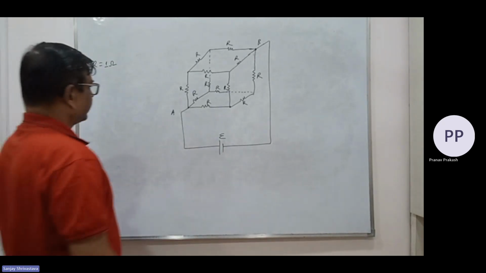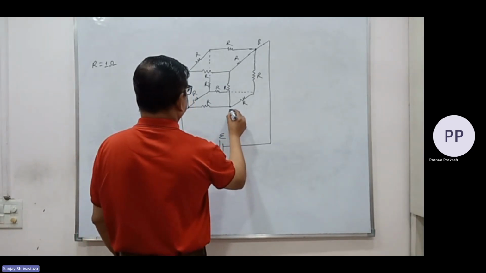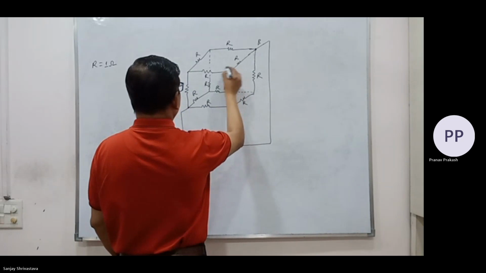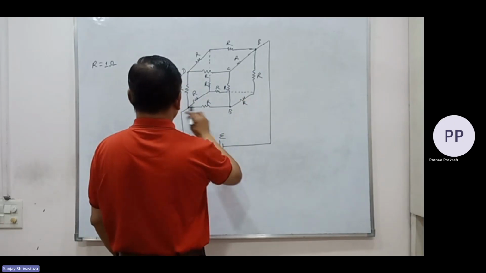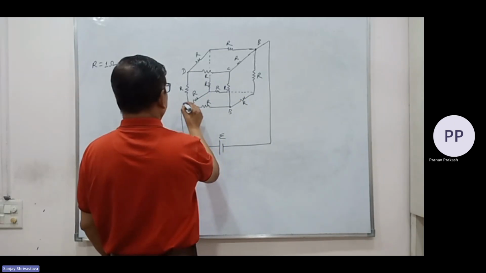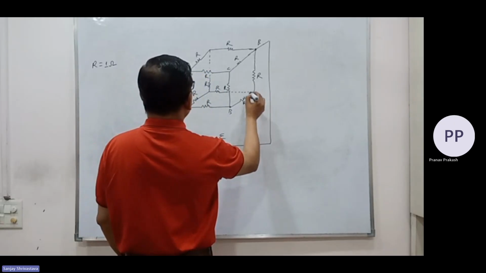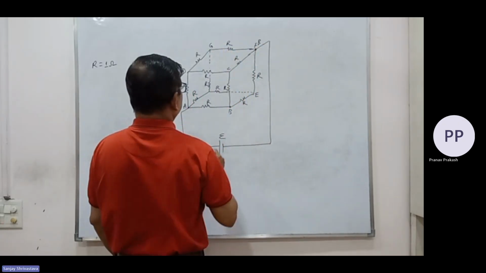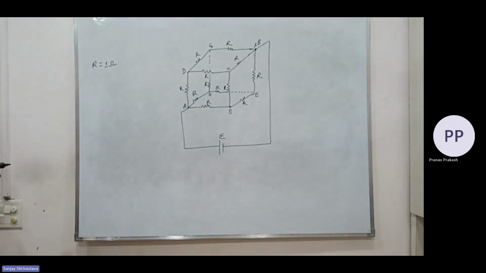Now mark the remaining points. Let's say this is A, B, C, D, E, F, G, and in the background H. A, B, C, D, E, F, G, H, okay, all the corners we got.